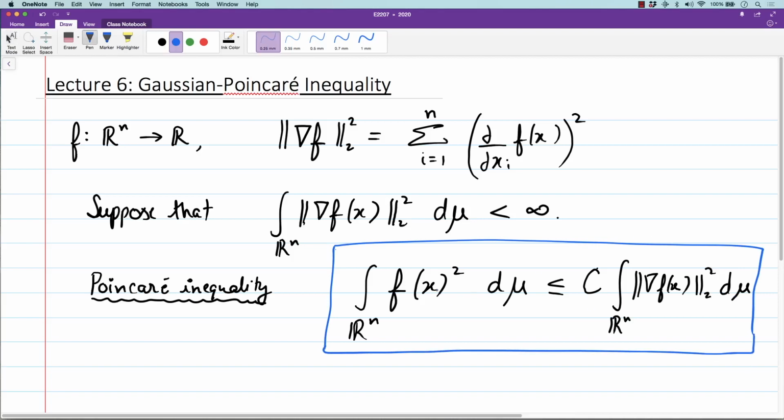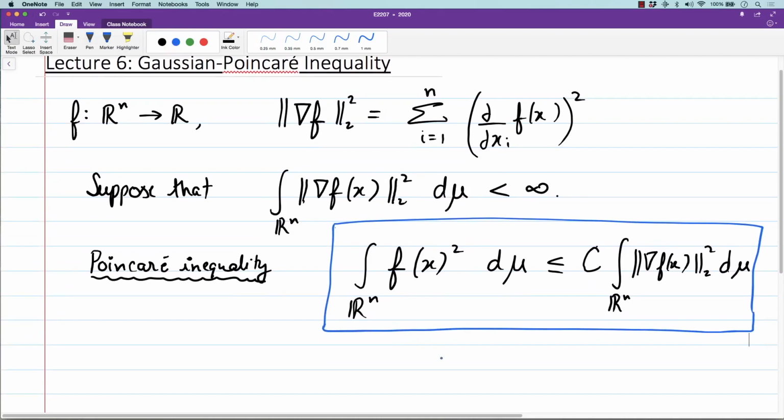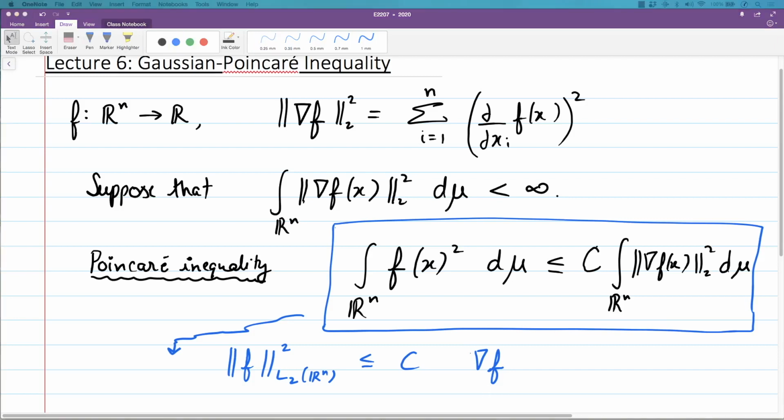When we look at this inequality, maybe I'll write it a little bit more compactly. What this says is: look at the function f, look at its L2 norm square, and this is less than or equal to some c times the norm of this new function, which is the gradient of f, in L2(Rn).